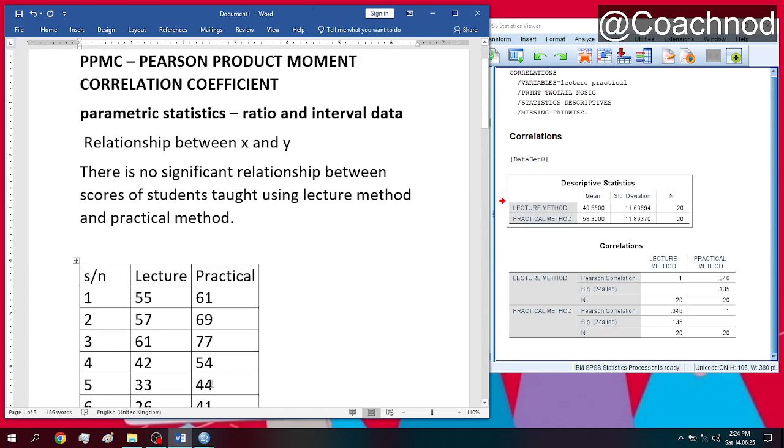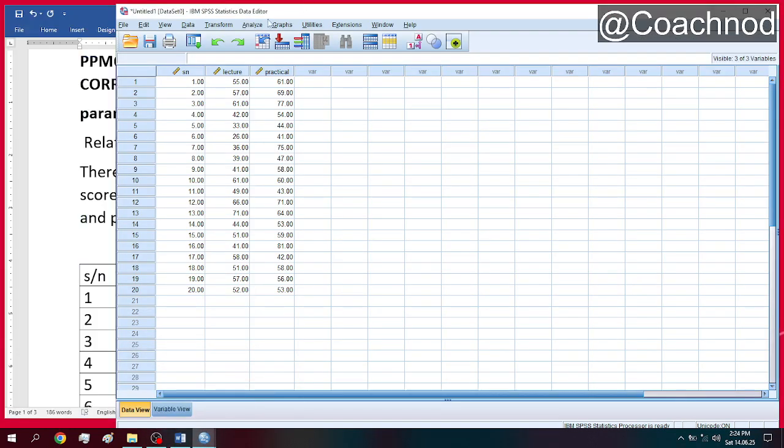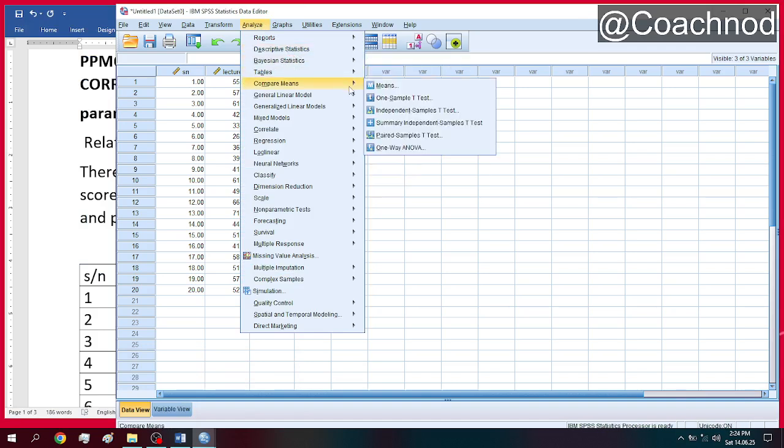You can see also, so far we have talked about SPSS. We've talked about some methods that we can use SPSS to analyze, such as descriptive statistics, mean and standard deviation, simple percentage. We've talked about the t-test.